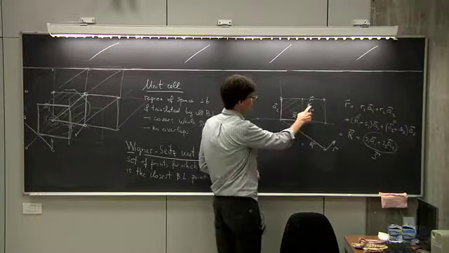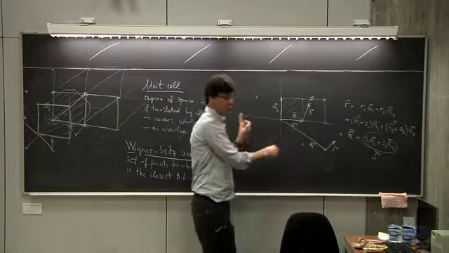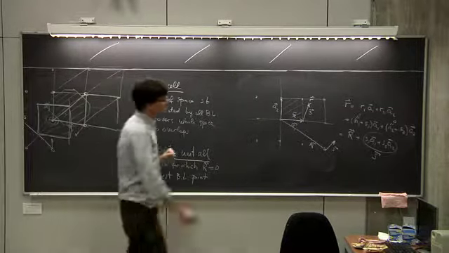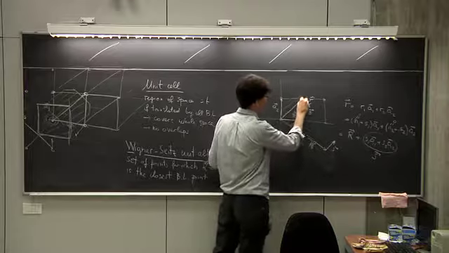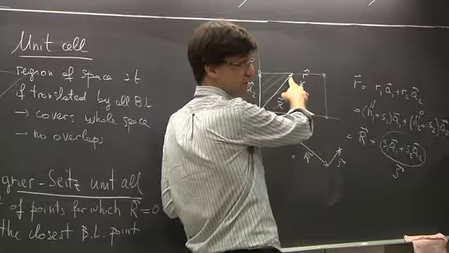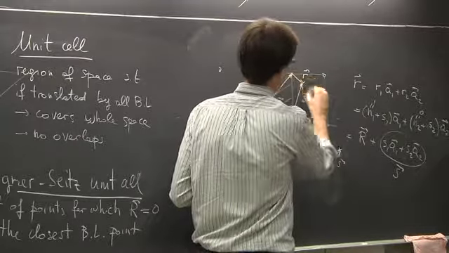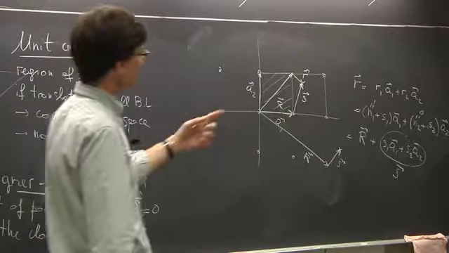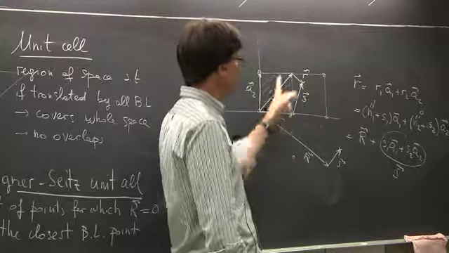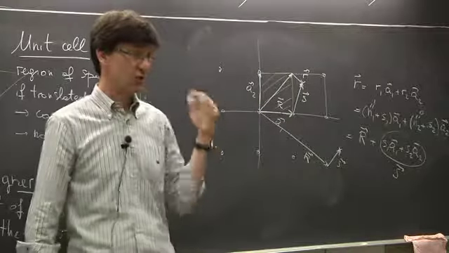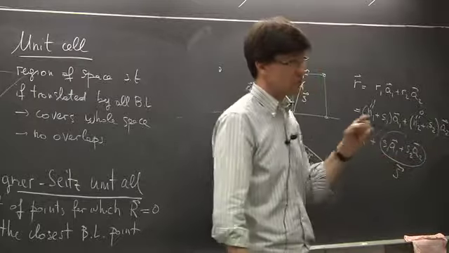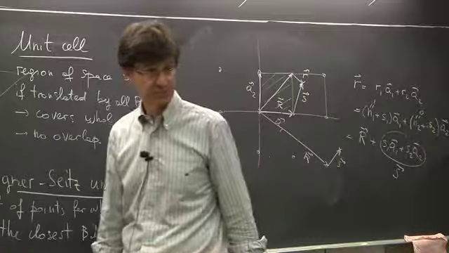So this point, for example, using this choice of the unit cell, would be described by this vector that brings me to the closest Bravais lattice point, and then by this vector here. So I would still reach the same point, but in a different way, because I've chosen a different definition of the unit cell.